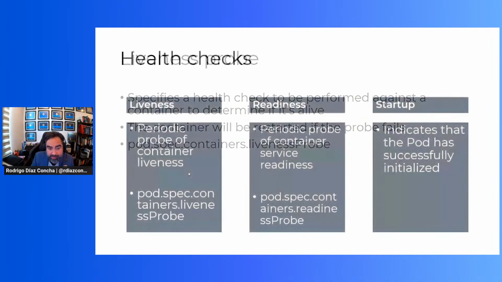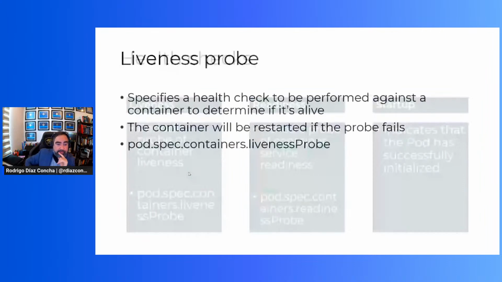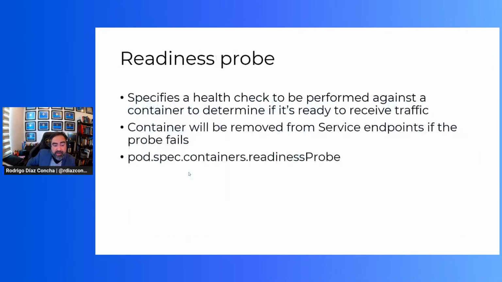The second one is readiness. This is a periodic probe of container service readiness. So readiness means that it specifies a health check to be performed against a container to determine if it's ready to receive traffic. Why?